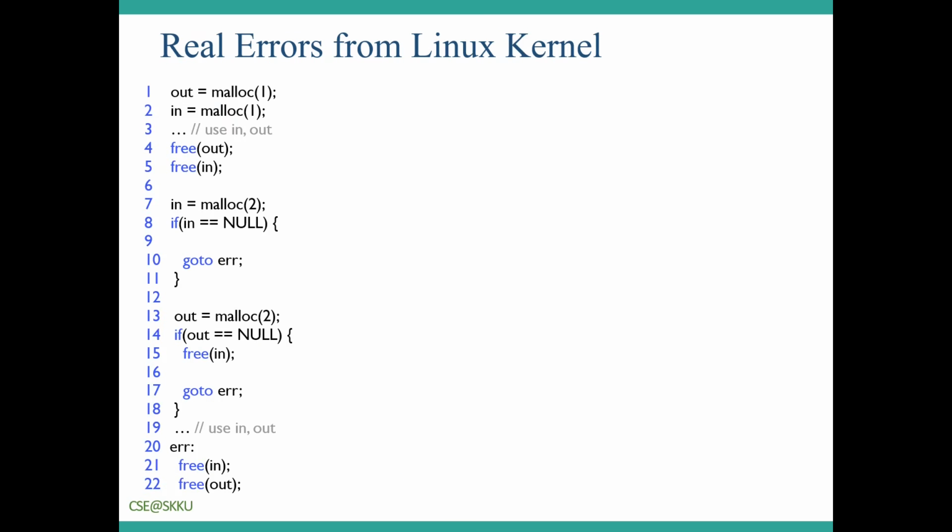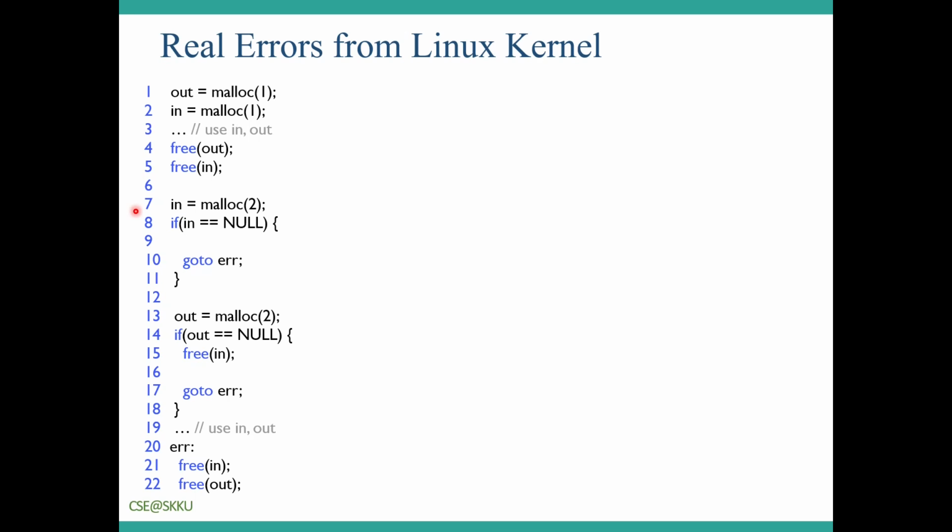Okay, so now let's look at a more complicated error based on a real bug in the Linux kernel. We will walk through how a Linux developer manually fixed this bug and then how an automated technique can do the same. In this simplified version, lines 1 to 5 allocate, use, and deallocate two buffers, in and out.